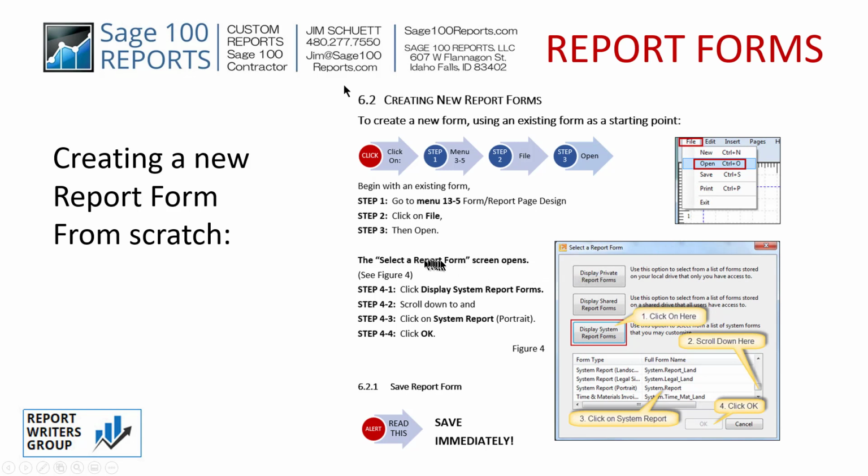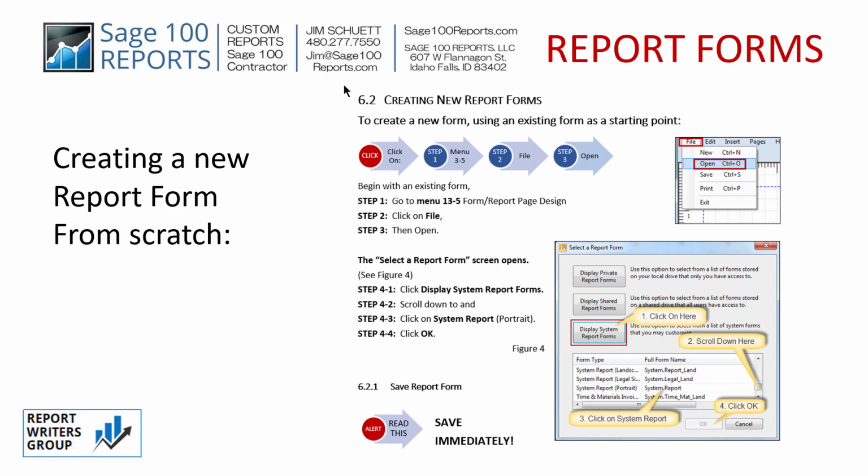Then the select a report form screen opens, and then you would click Display System Report Forms right here, and up pops a listing of all the system report forms that come with Sage. These are the standard forms that Sage provides for all the various reports that exist in Sage when you get the software.